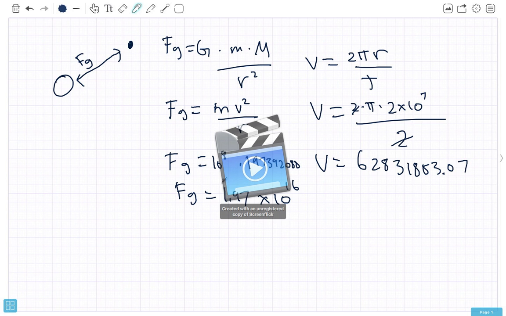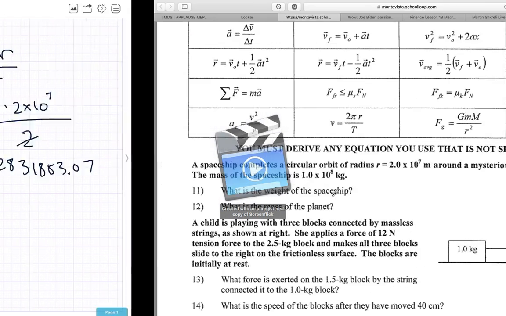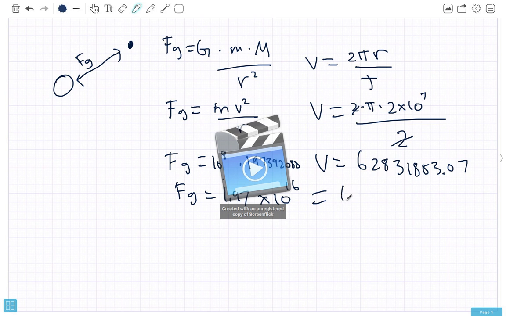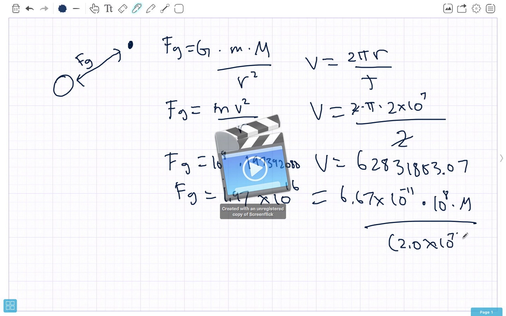Now let's find the mass of our big one, so basically big M. So you just do this equals the big G, which is 6.67 times 10 power negative 11, times basically 10 power 8 times big M over 2.0 times 10 power 7 squared.